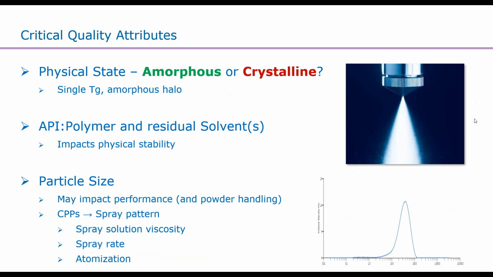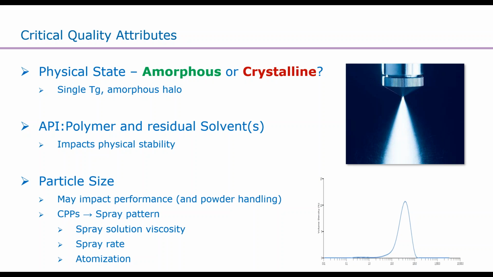There are many CQAs for a typical spray drying process, so we'll touch on just a few here. First, the physical state of the drug is critical, and obviously we are looking for an amorphous solid dispersion indicated by a single Tg during DSC analysis and an amorphous halo shown via PXRD. So these might be specific line items on your QTPP. Other examples are the API to polymer ratio and the amount of residual solvents in the SDD.